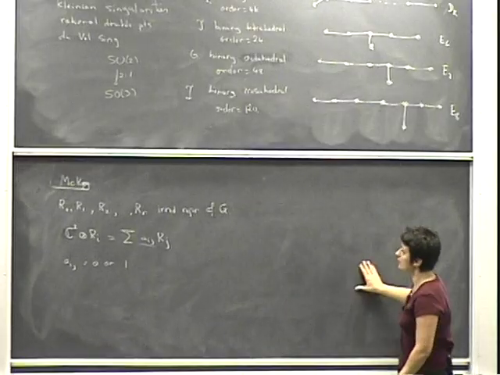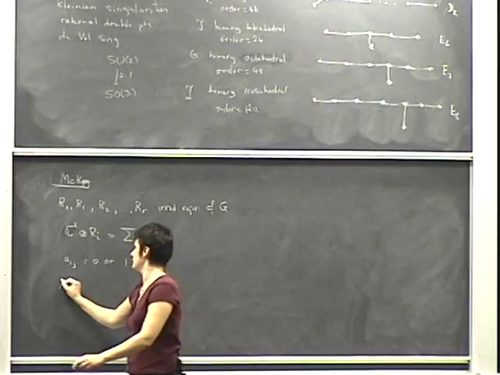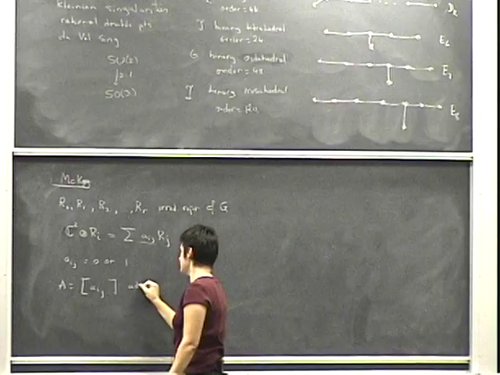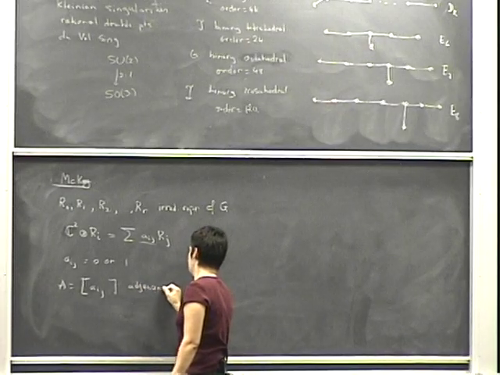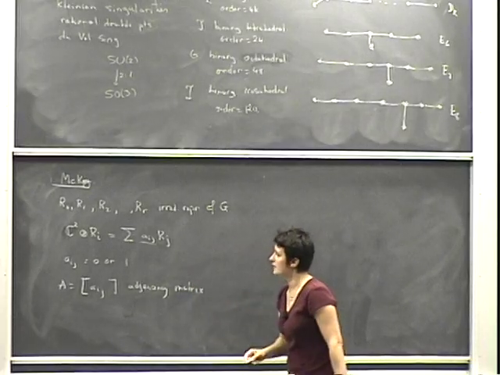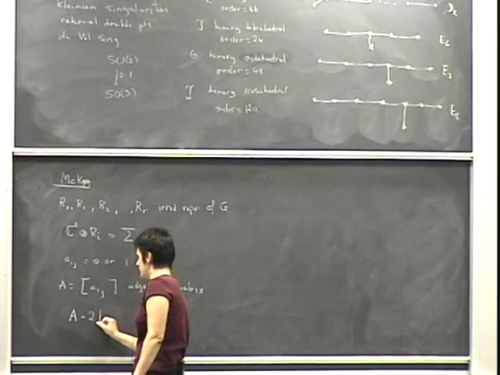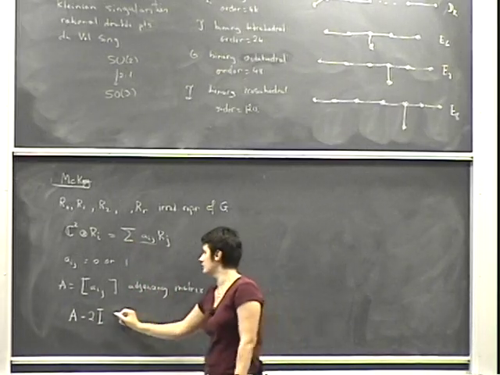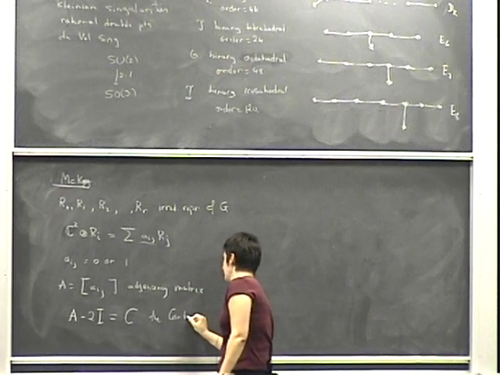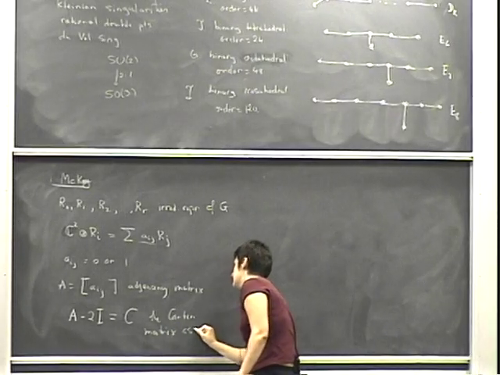And actually, a little bit more can be said. If we take this matrix of the entries A_ij, which is called the adjacency matrix, then it turns out that if you take 2 times the identity matrix minus A, what you get is C, the Cartan matrix associated to the Dynkin diagram.